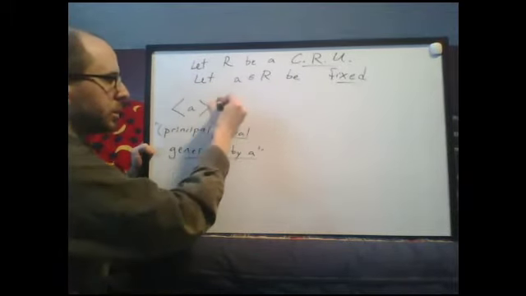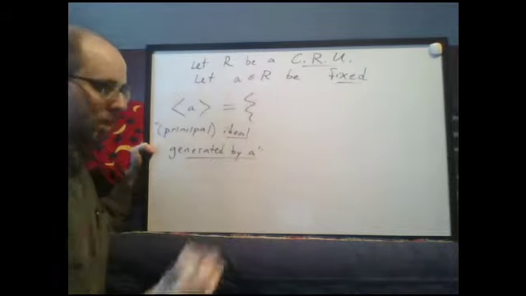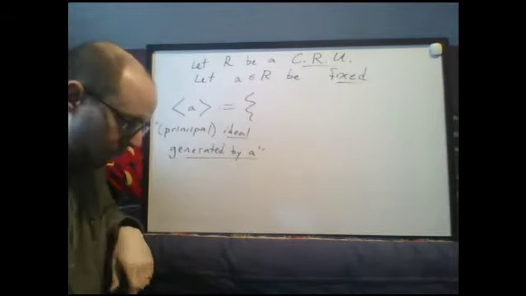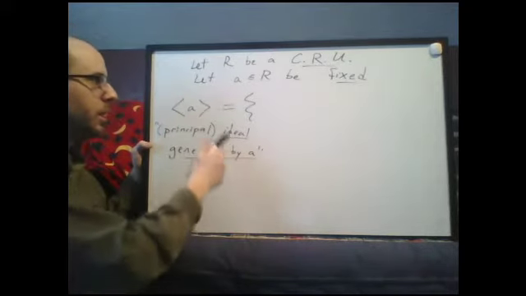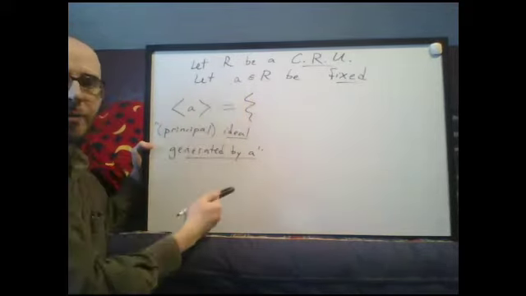All right, so this is defined to be the set of every element of R which can be written with a as a factor.